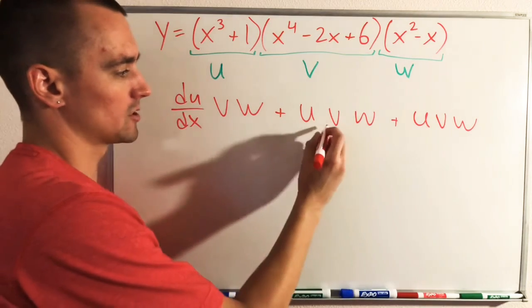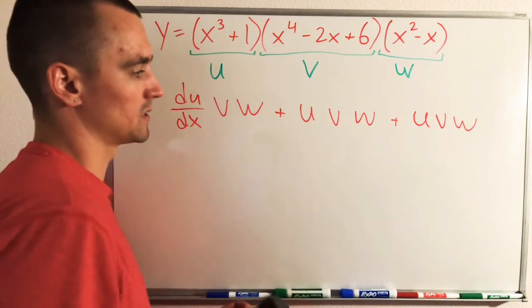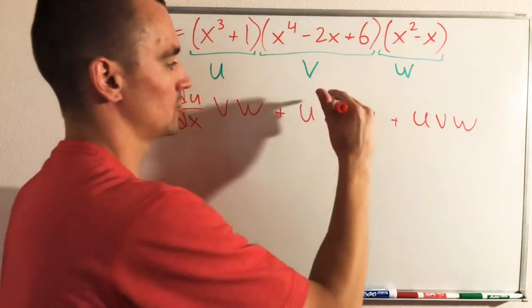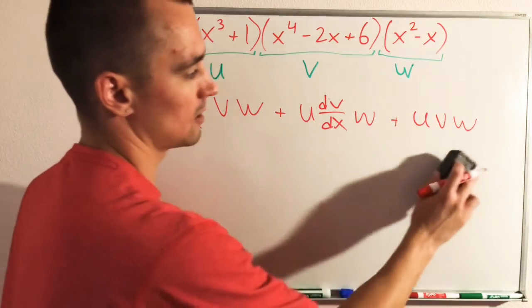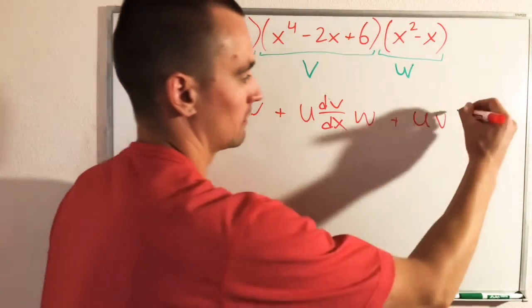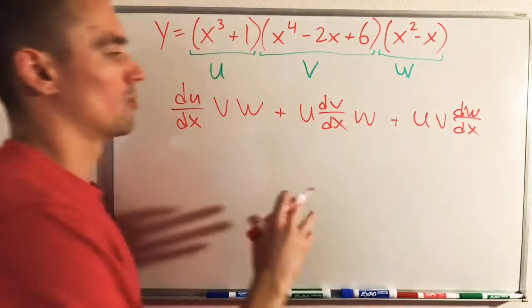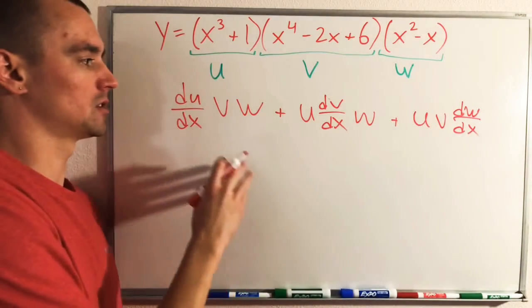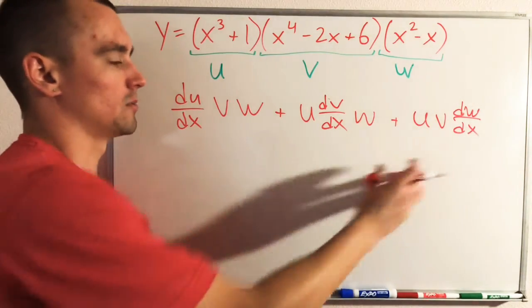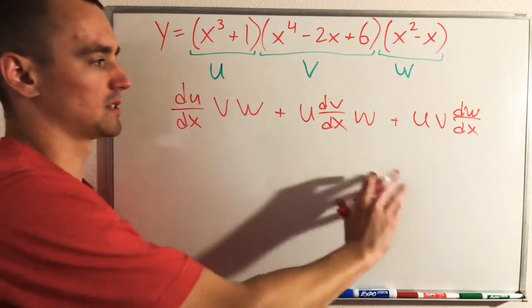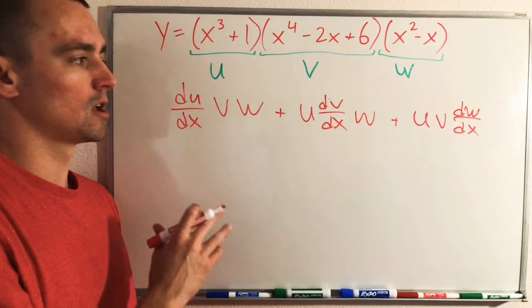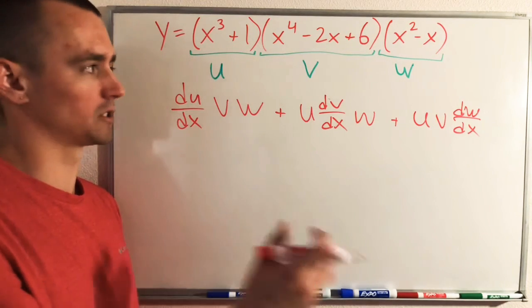Then in this term, we leave the u and the w the same, and we change our v to the derivative of v. And then same idea here, but this time we take the derivative of the w term. So we've gone through and changed a different single piece to be the derivative of that single piece with respect to x.